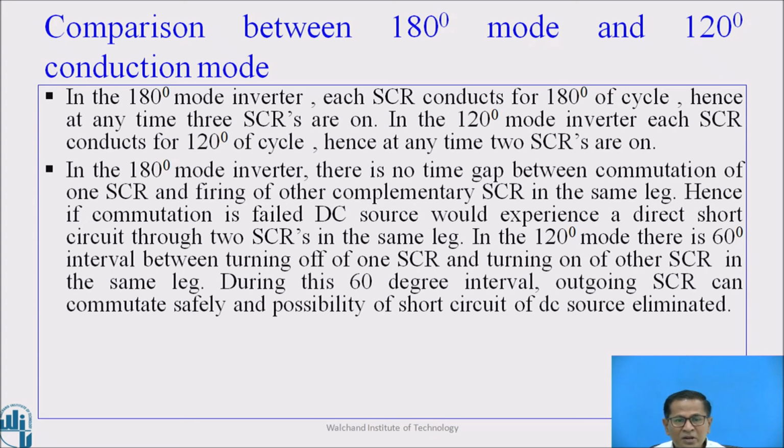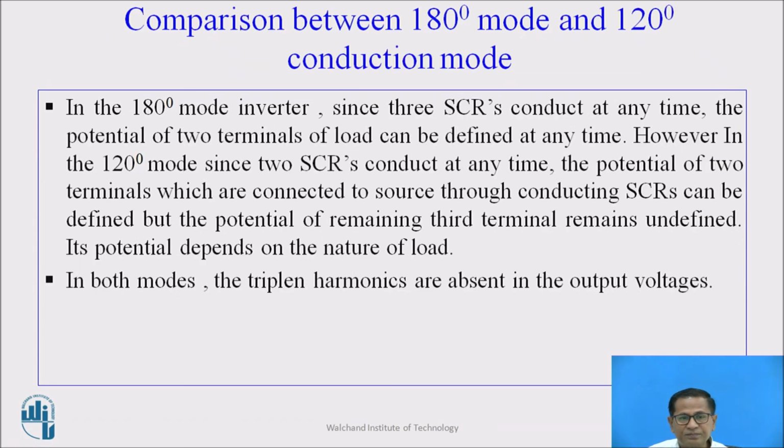If the commutation fails, the DC source would experience a direct short circuit through the 2 SCRs in the same leg. But in the 120 degree mode, there is a 60 degree interval between turning off of one SCR and the turning on of the other SCR in the same leg. So during this interval, definitely commutation takes place. So there is no possibility of short circuit.